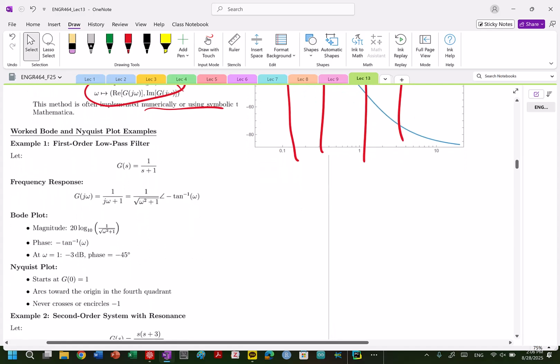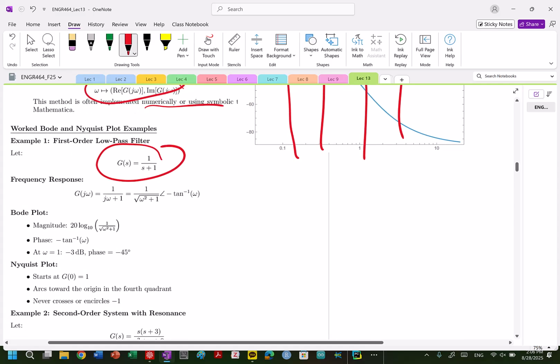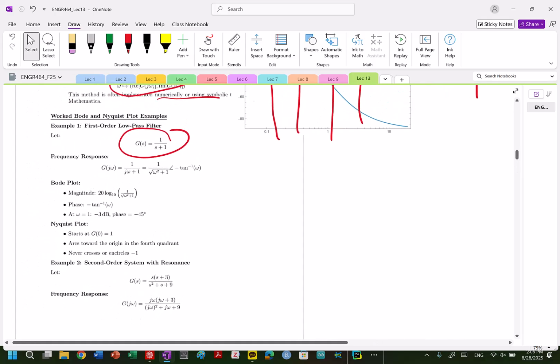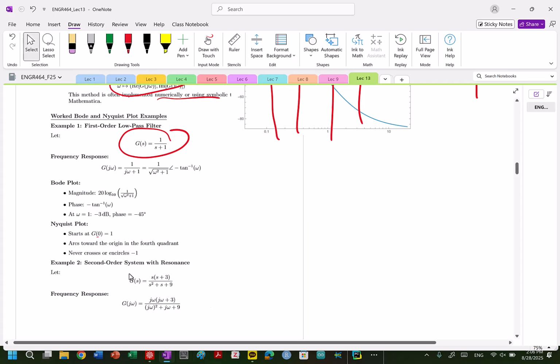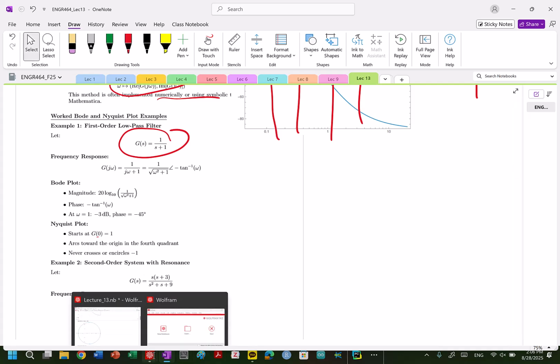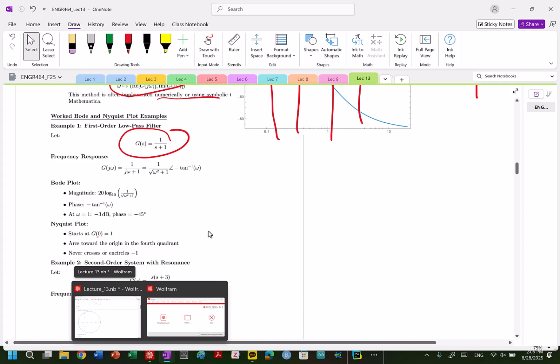So let's look at this transfer function and start to break it down. At zero frequency, the value of our function is equal to 1, so my value on the x-axis is equal to 1.